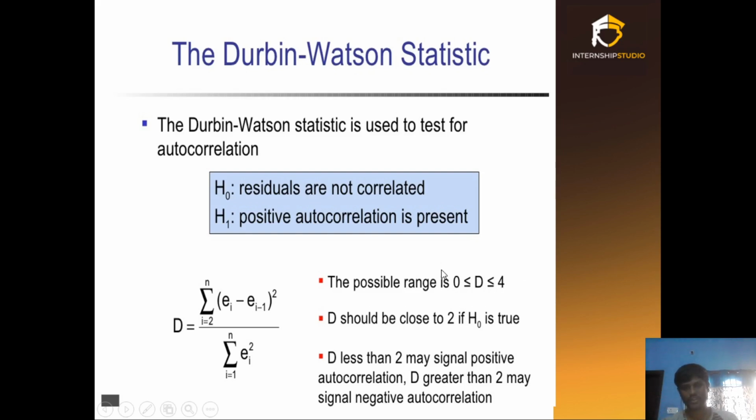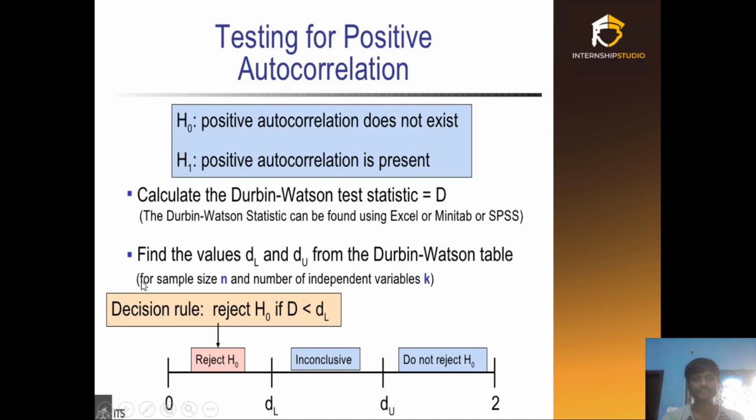So the possible range of d is between 0 and 4, and d should be close to 2 if H naught is true. For the null hypothesis to be true, d should be close to 2. If it is less than 2, it signifies positive autocorrelation, and if it is greater than 2, it signifies negative autocorrelation. This is how we interpret things. This is how we calculate the d value, and 0 to 4 is its possible range.